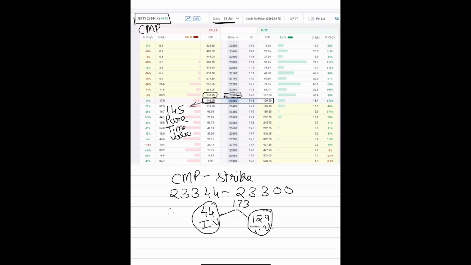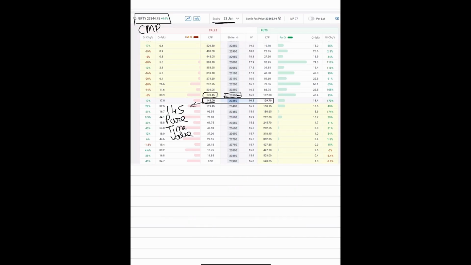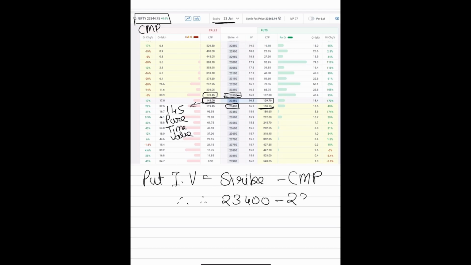Now we have done this for call options. Now let's do this for the put options. For put IV, the formula is strike minus CMP. So let's check for 23,400. The last traded price, LTP, is 153. So strike is 23,400 minus 23,344.